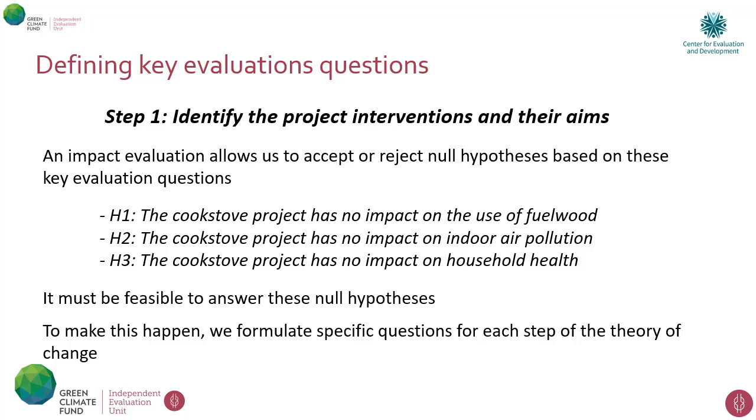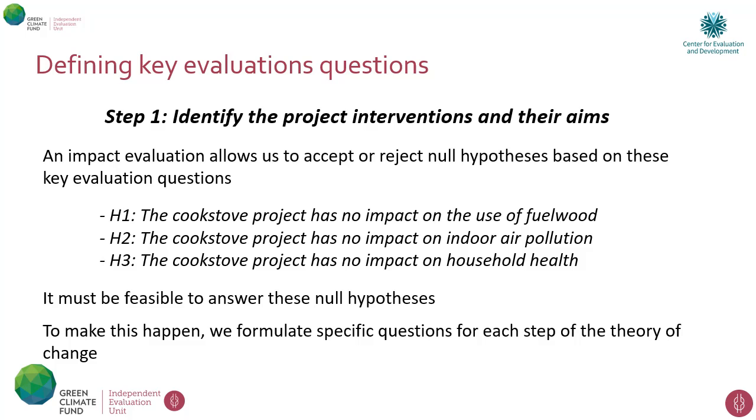If, after the project evaluation has been completed, we find a statistically significant difference between beneficiaries and households in a comparison group, and that there are no systematic differences between the beneficiary group and the comparison group, or that we've controlled for these systematic differences using statistical methods, we're able to say with a high degree of confidence that the impact of the project has been a reduction in the use of fuel wood, or a reduction in indoor air pollution, or has had a positive impact on household health, hopefully.